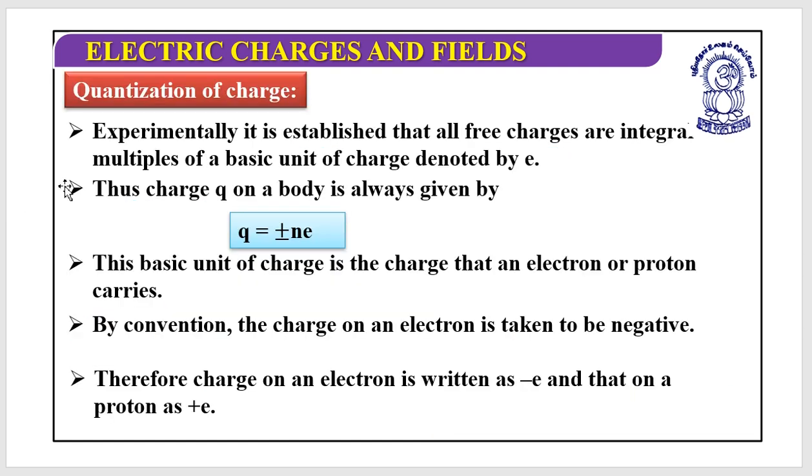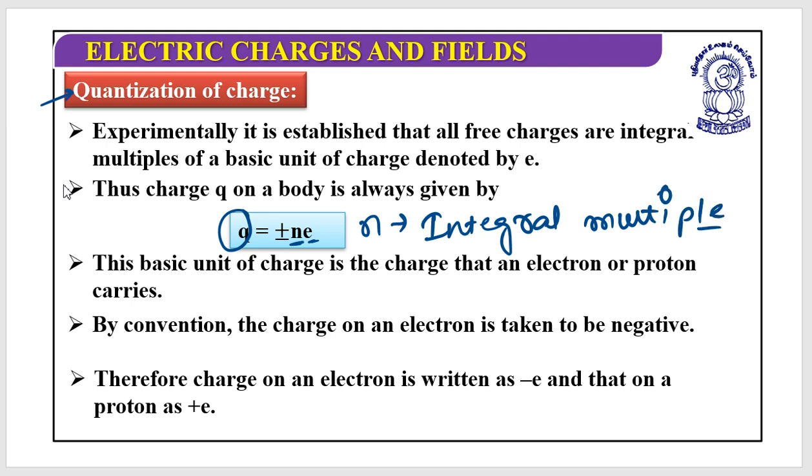Next, a very important property of charge is the quantization of charge. So what is quantization of charge? We simply say that whatever the total charge of the system, which I denote as Q, it would be equal to an integral multiple of a single quantum of charge, where n is an integral multiple only.